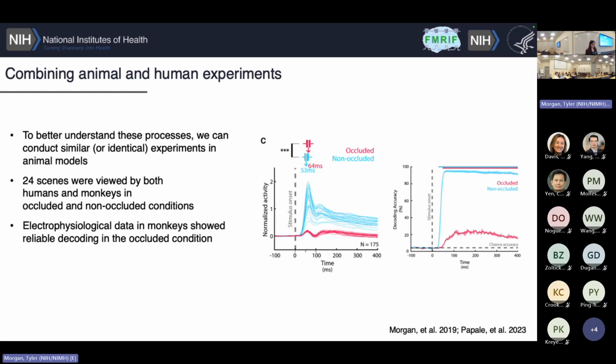And basically what we found, we found something very similar in the humans, but in the monkeys, we found basically that there are responses when the images are included in neurons that are in that blocked out portion of the image. But more importantly, we can also decode between, it's 24 different images in this case, and the temporal dynamics of when that information is actually represented in those neurons is different.